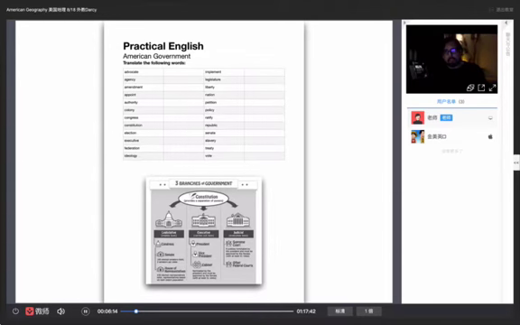The first word on this worksheet is advocate. To advocate simply means to argue in favor of an idea or a proposal.